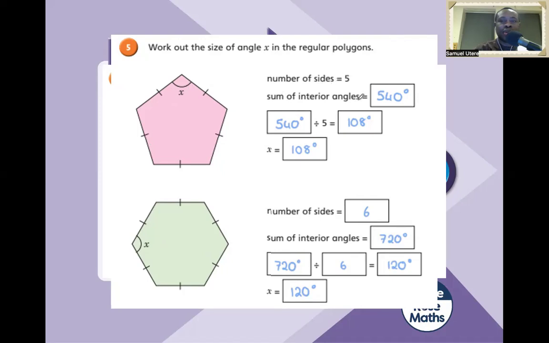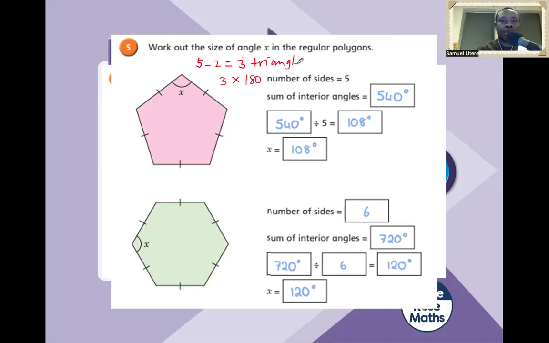So the sum of the interior angles will be 540 degrees. How do you get that? You do the number of sides minus 2, which is 3, and then you multiply that number by 180 degrees. So this number 3 represents the number of triangles that you can get from this shape.